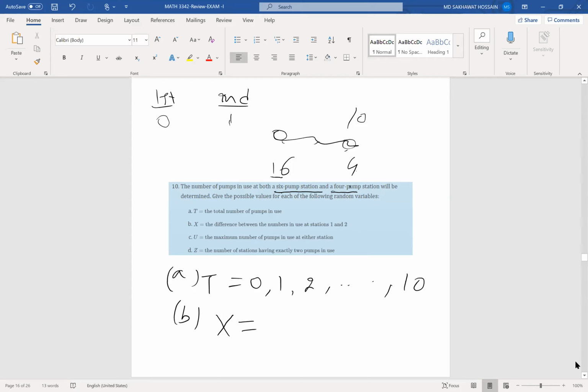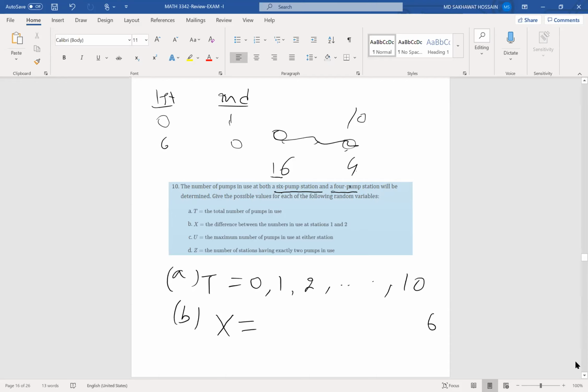The maximum here can be 6 and the minimum can be 0, so the maximum difference could be 6.